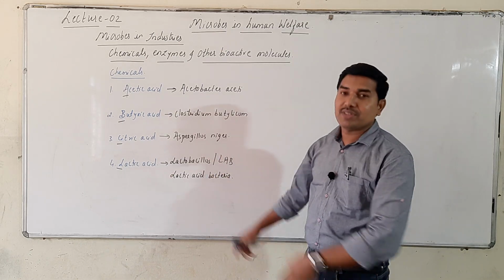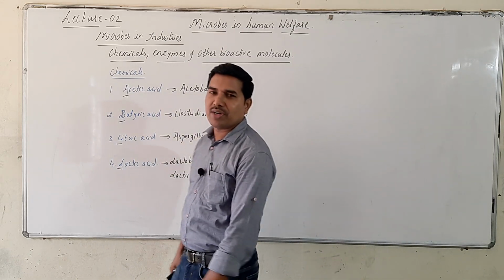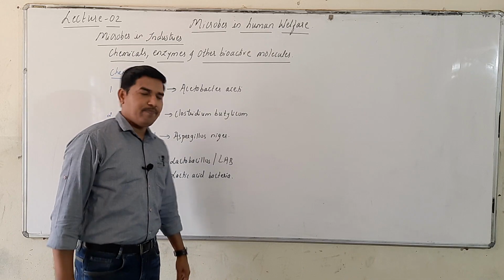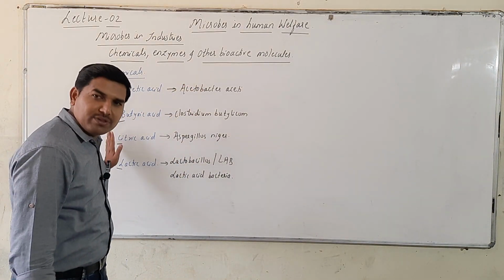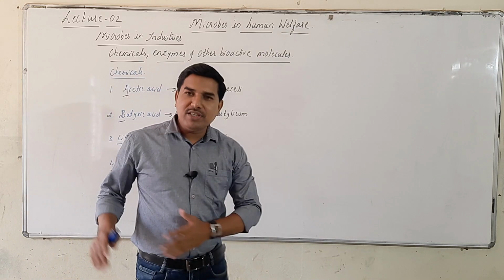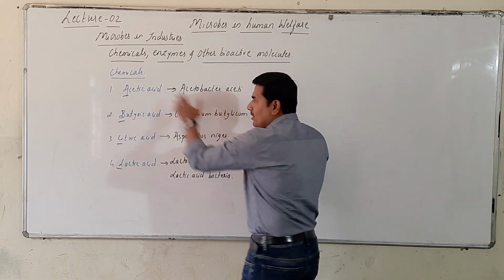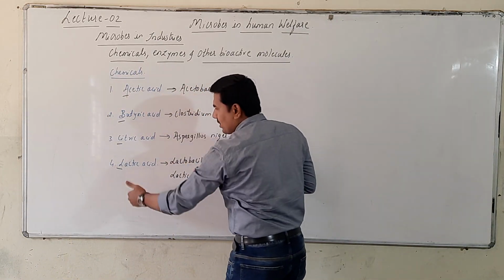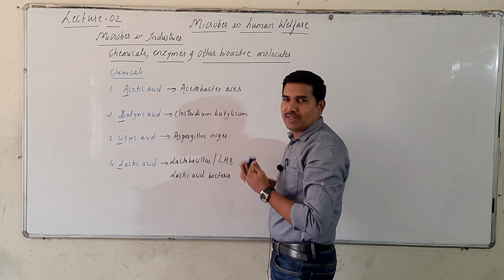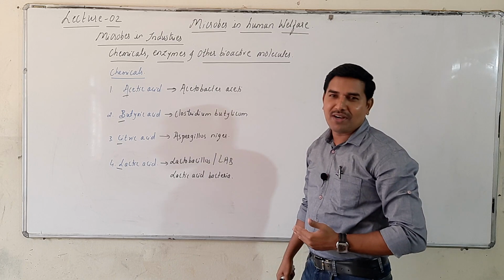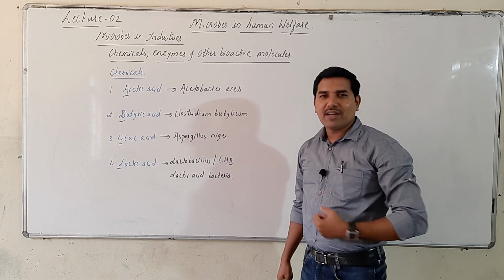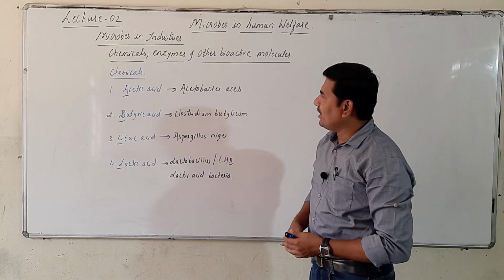They are produced in large quantity and they are transported in large quantity also. Okay. This is how, with the help of these microbes, we are going to produce these products. So these are the microbes from which the products are produced, because our title says microbes in human welfare. So how we are using them in our day to day life.